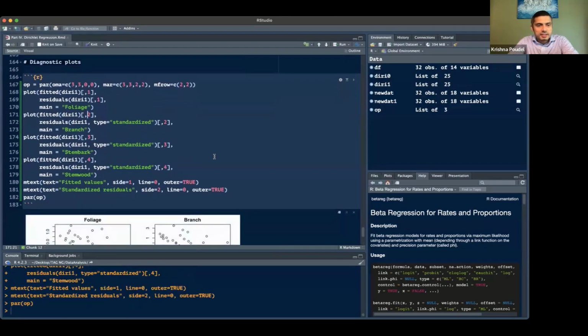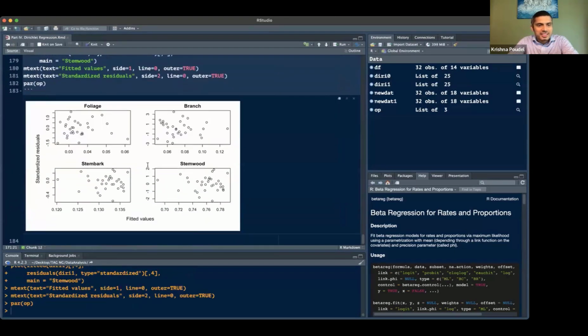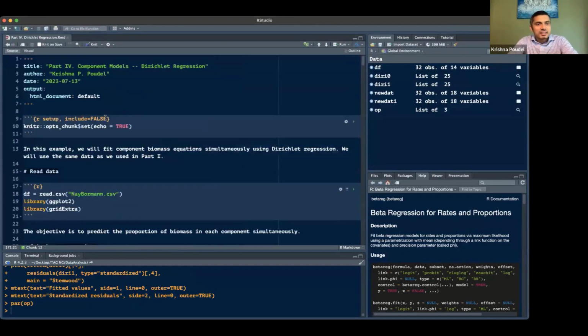Then we create this plot. So it looks like the model is doing fine, and we could use this to predict proportion. I know that was too fast, but I hope that was informative. And if anyone has any question.